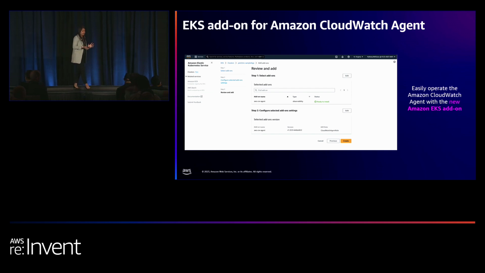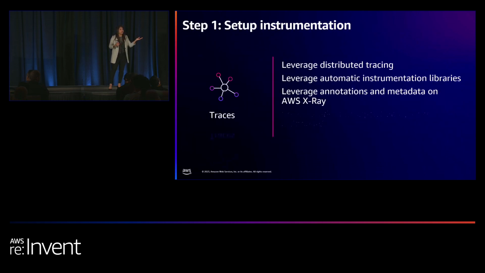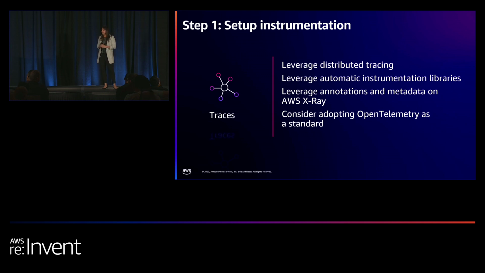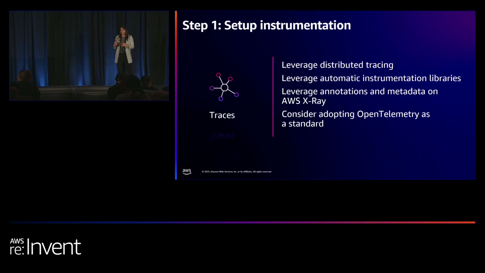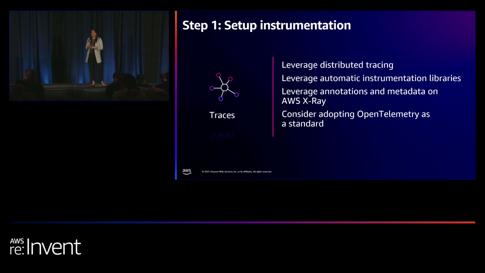Now, last but not the least, I don't want to forget traces. Traces are really key to be able to navigate user transactions and follow the requests end-to-end when you're really diagnosing an issue. And think about traces as something you can turn on with even a low 5% sample and then progressively dial up based on your needs.